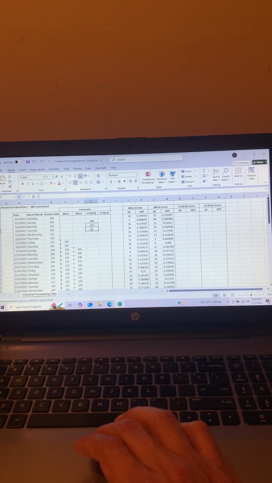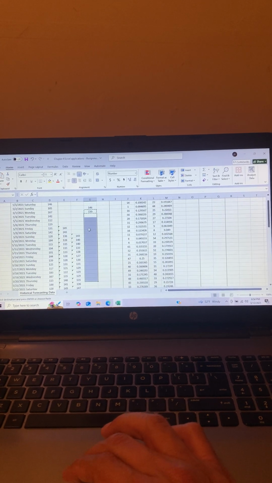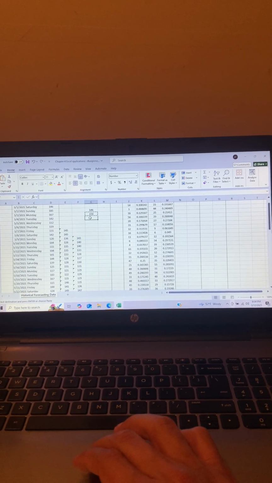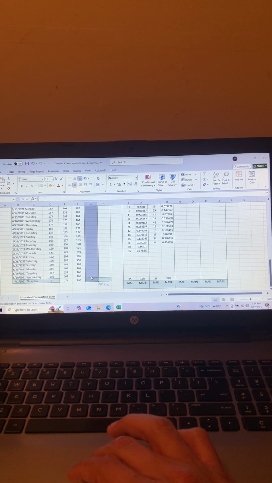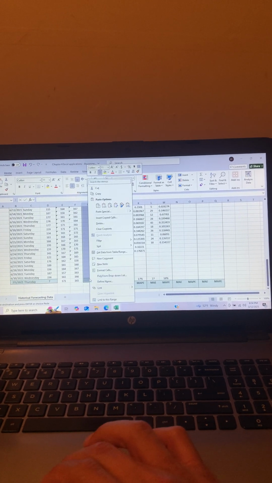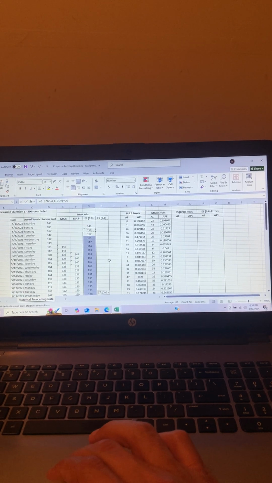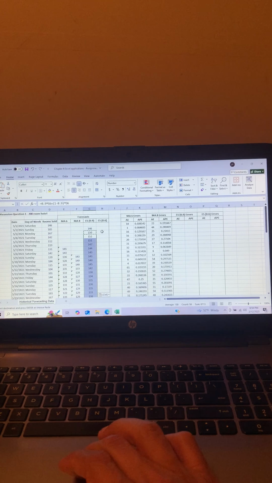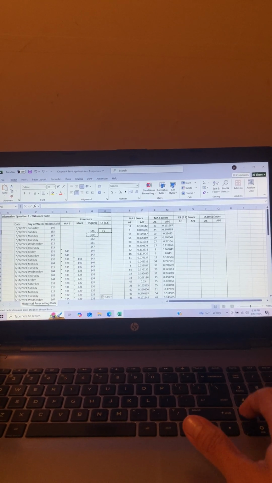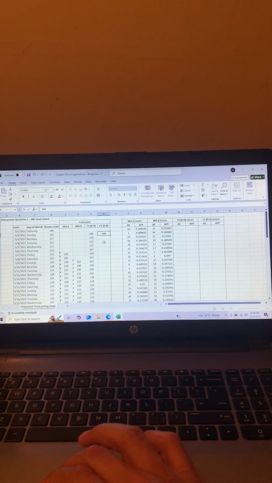I'm going to highlight this row of columns. Okay, so we got our calculations. And then we're going to do the same thing here, but with our alpha being 0.6.